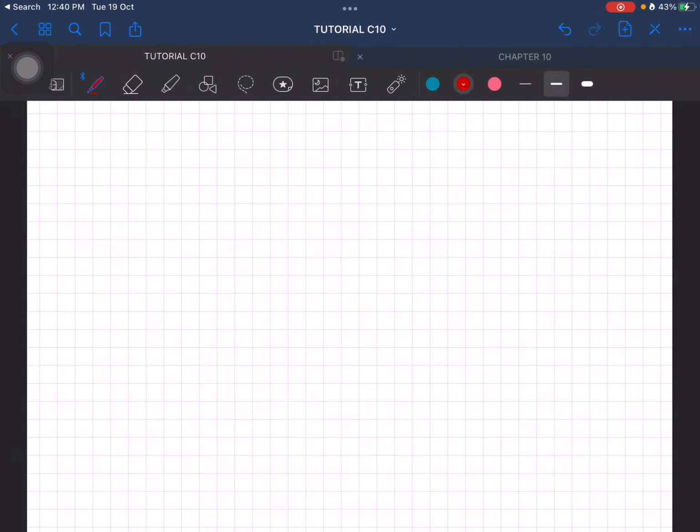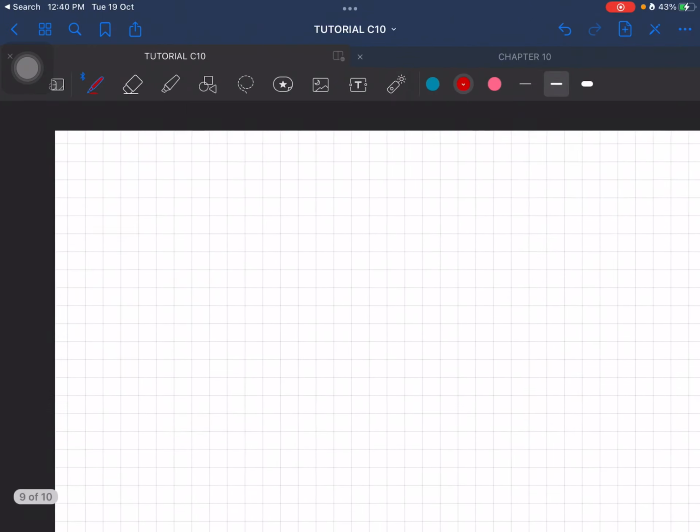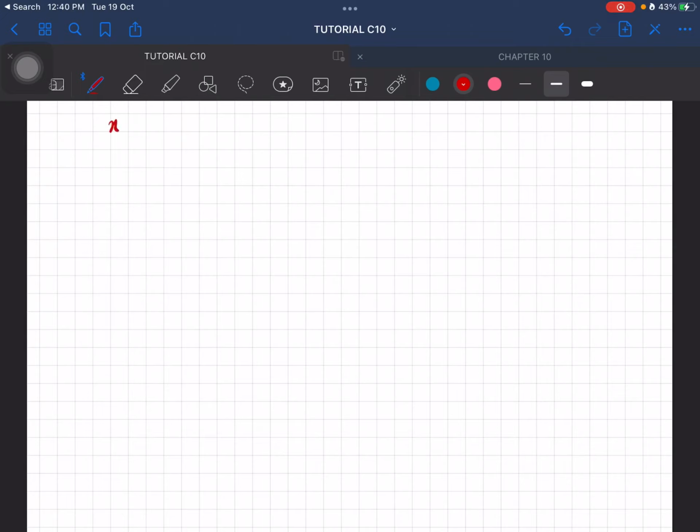Okay, so nodes will occur when y equal to 0. So x over 2, which is the k, equals 2n plus 1 pi over 2. Hence x will be equal to 2n plus 1 pi.